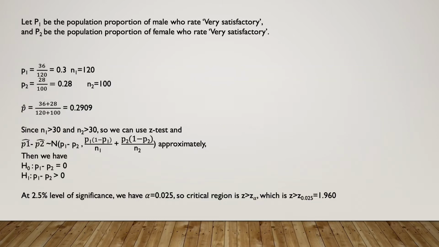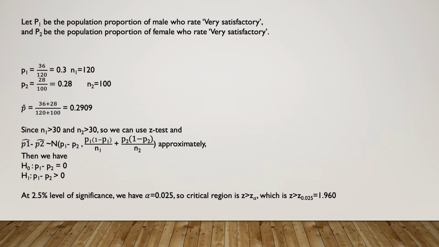So let's look at the solution. Let P1 be the population proportion of male who rate very satisfactory, while P2 be the population proportion of female who rate very satisfactory. So N1 is 120 and N2 is 100, resulting in P1 is 0.3 and P2 is 0.28.